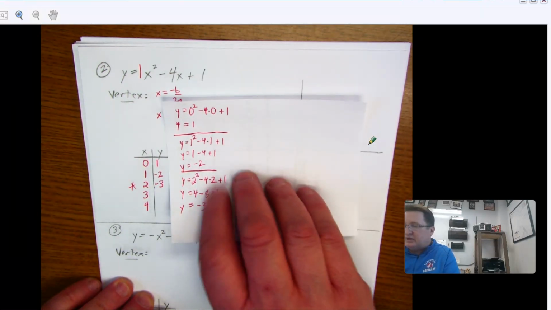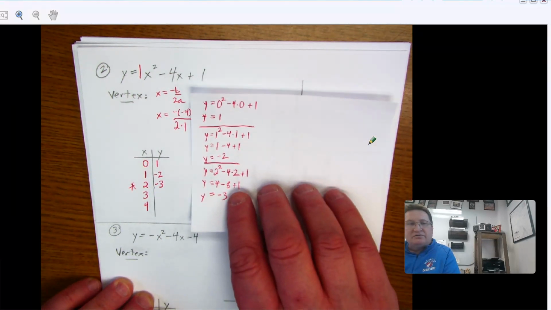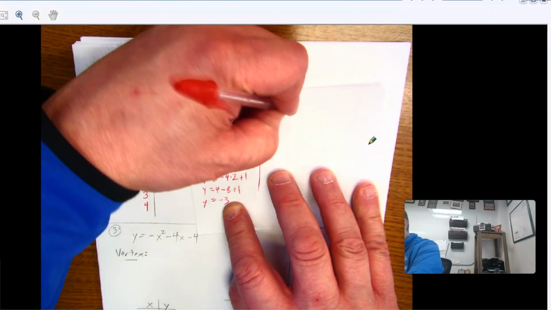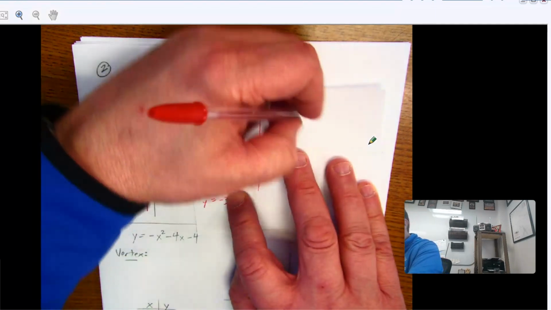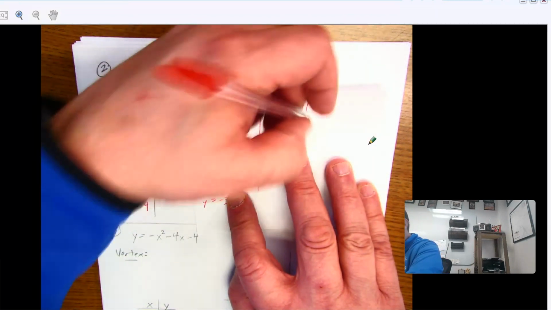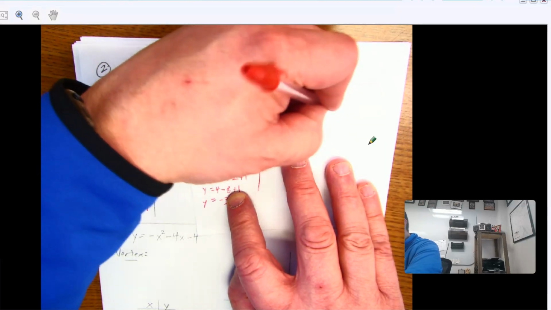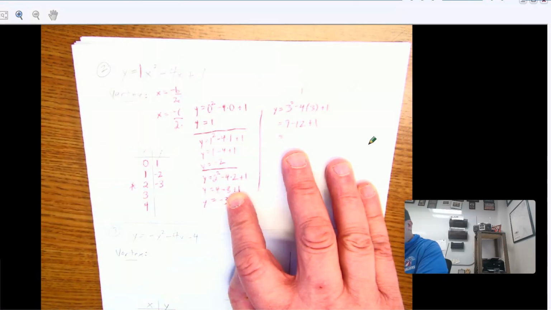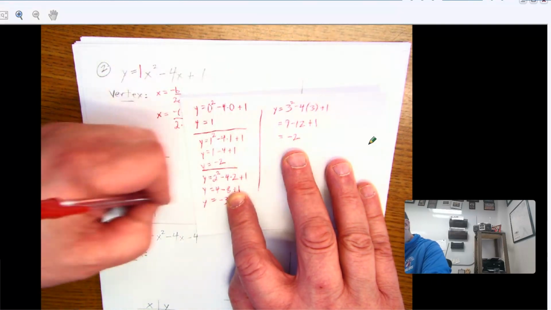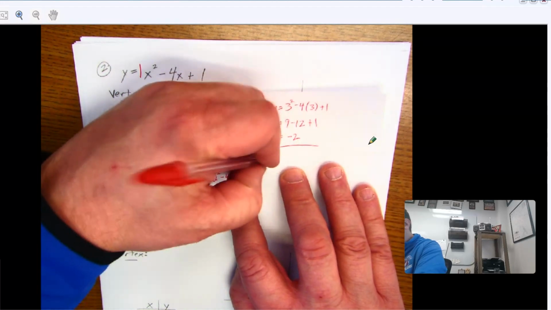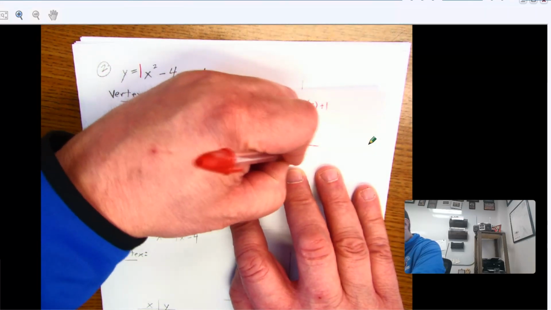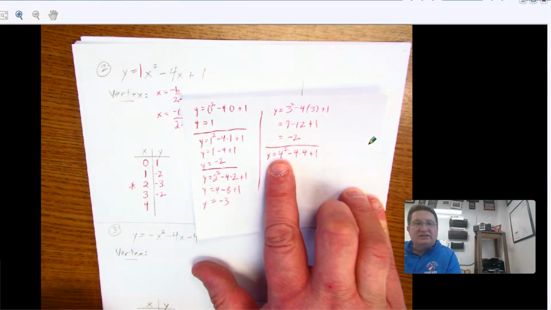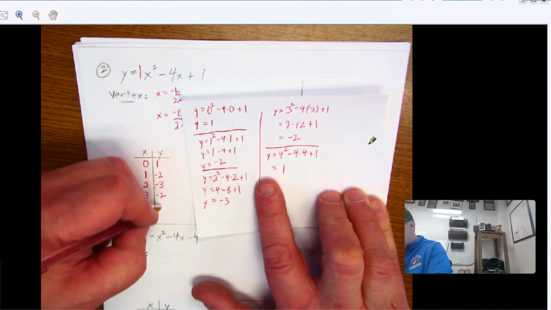All right. Now when we plug a 3 in, we'll have y equals 3 squared minus 4 times 3 plus 1. So that's 9 minus 12 plus 1. So that's -3 plus 1, which is -2. And when I plug a 4 in, I'm going to get a 1 back. This is 16 minus 16 plus 1.